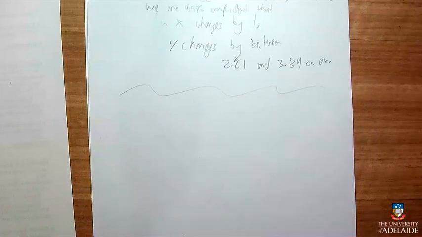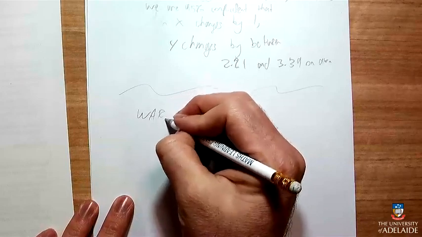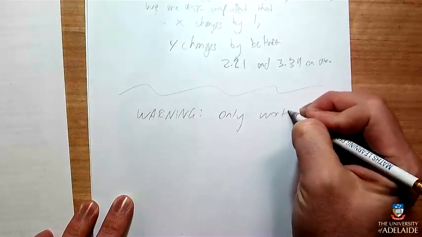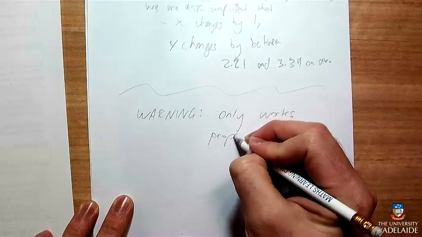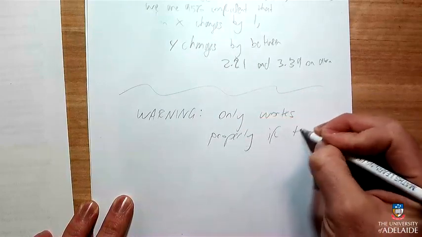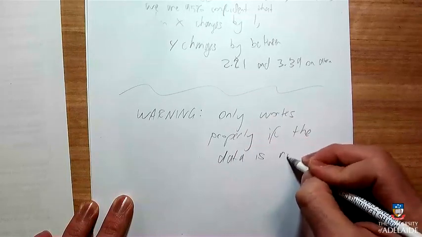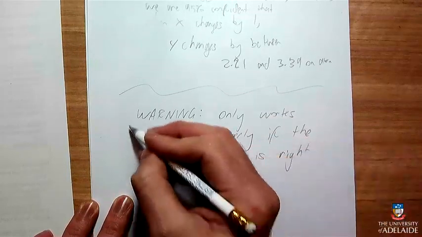This whole thing of regression comes with a warning. It only works properly if the data is right.